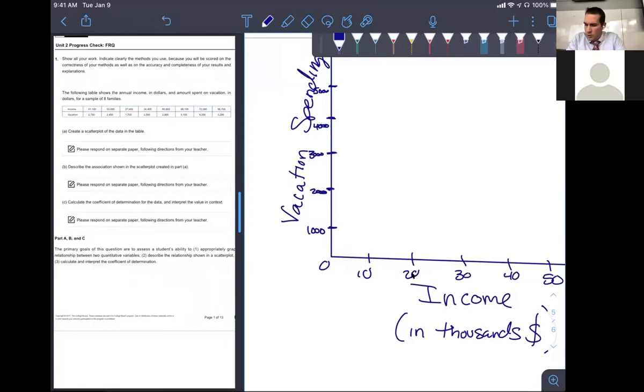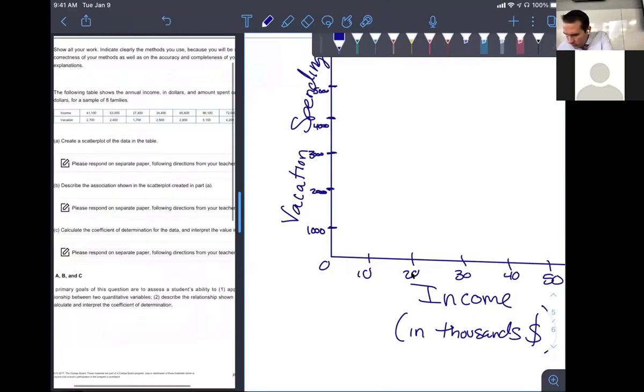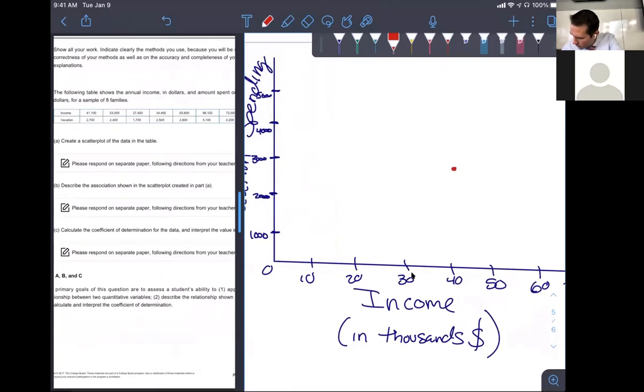So this is just a rough sketch. As I do this, you can do it as well. Let's do this in red. 41, 2,700. 53, 3,400.